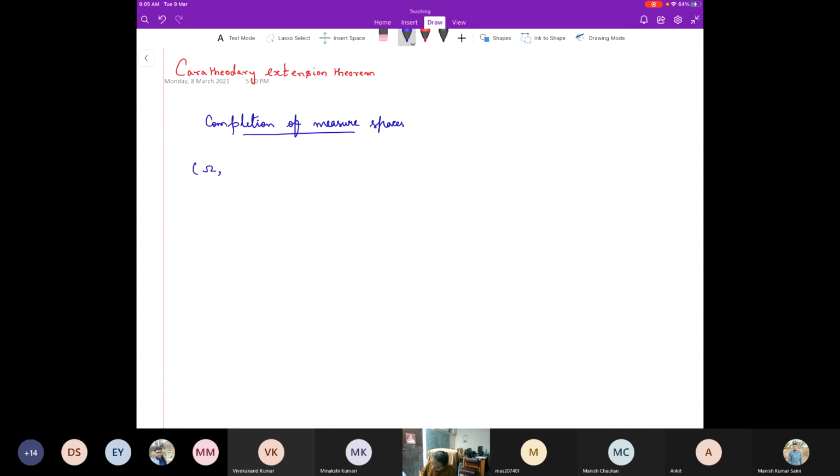So if you have a measure space which is not complete, can we get a smallest completion? So smallest in what sense? That will be done. That is what we have been looking at, right?